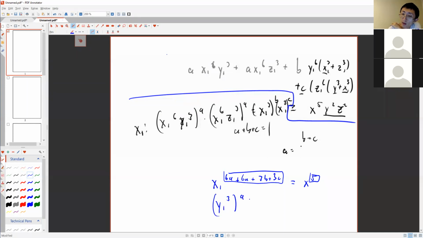And then there's also the same thing, y to the 6 to the b, y to the c, 3 to the c is, so this should be y squared. So yeah, you get some system and you get a plus b plus c equals 1.